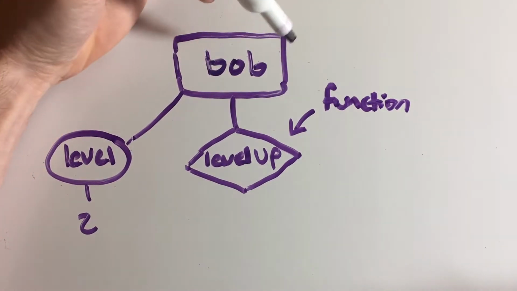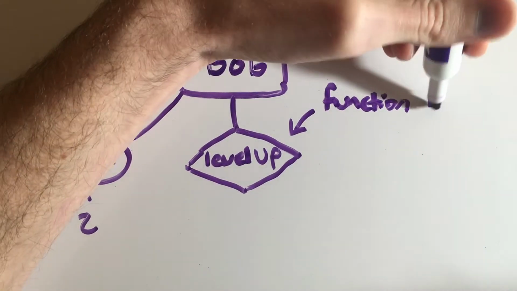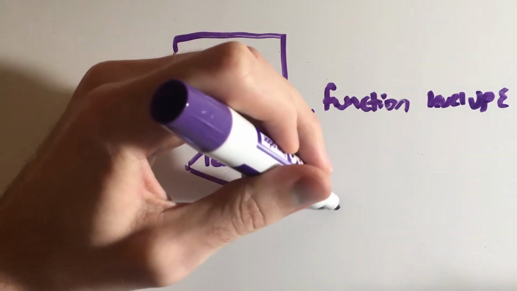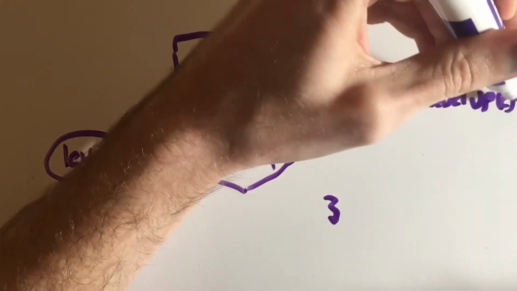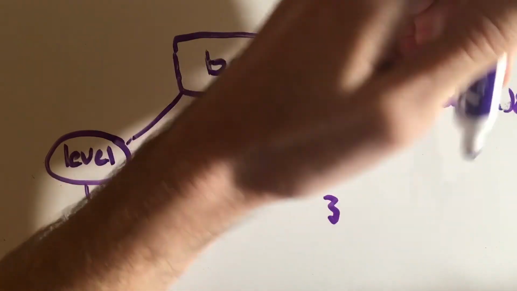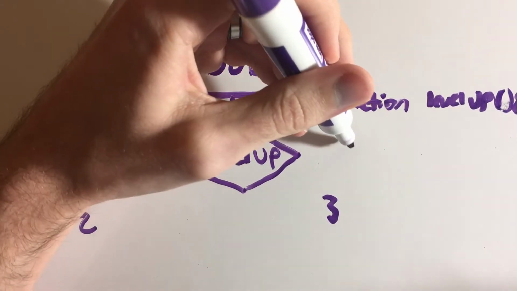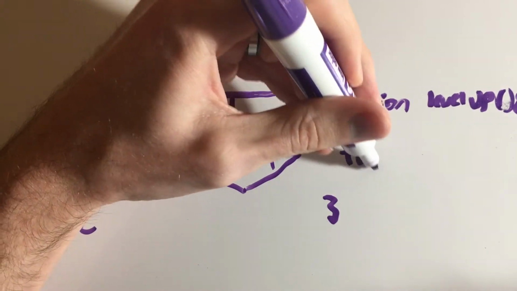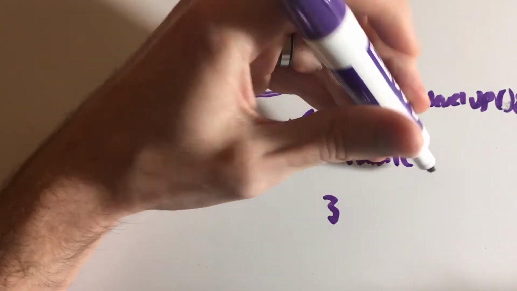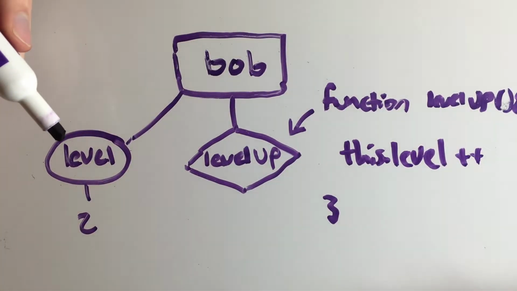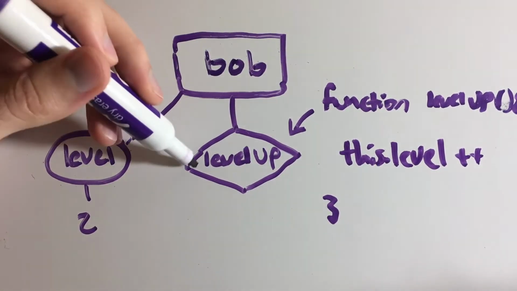On the right here, I'll write the pseudocode or the real code for the function. So function level up is going to take no parameters. And what it's going to do is call this dot level plus plus, which is going to increment the level by 1 when the function is invoked.